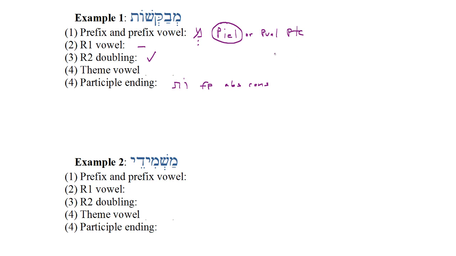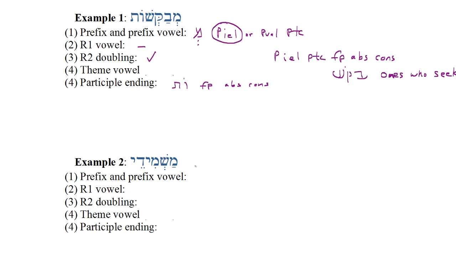So we have a Piel participle, feminine plural, absolute or construct, of baqash, and this would be ones who seek. It would be ones, feminine, who seek.